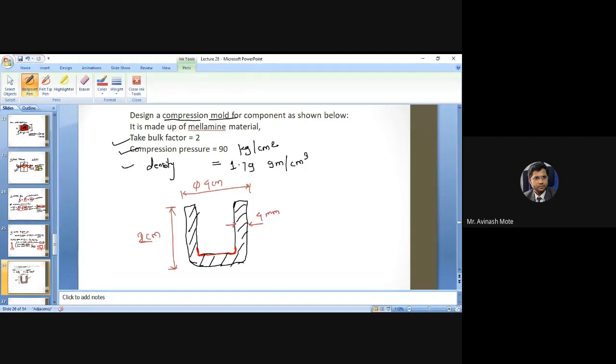And one more thing, it is not exactly a corner, so this is r equal to 2 millimeter. Radial shape is there, right?